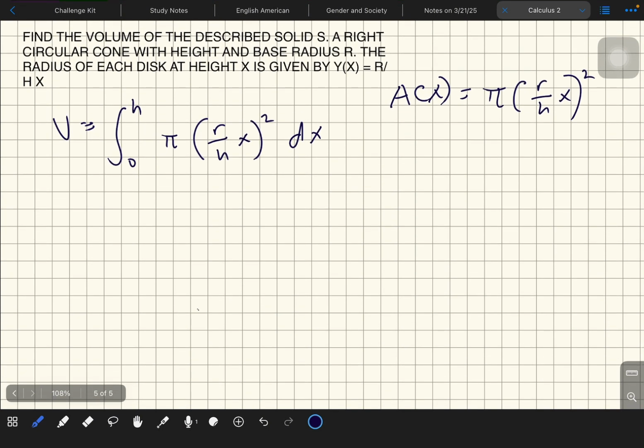So let's solve it. Volume is equal to: take the constant out, take the pi out of the integral. So pi times the integral of r squared over h squared, distributing the square, times x squared dx.